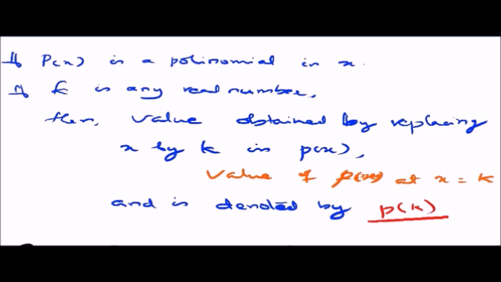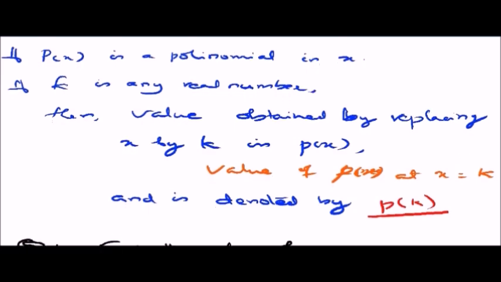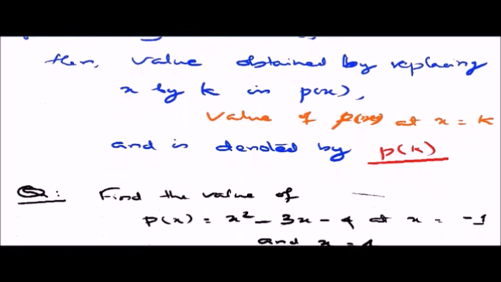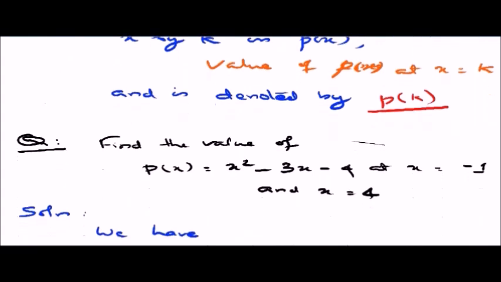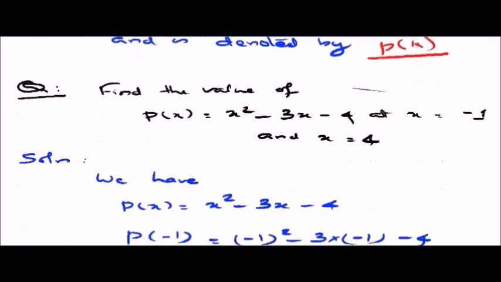Generally, if p of x is a polynomial in x and k is any real number, then the value obtained by replacing x by k in p of x is the value of p of x at x equal to k, and is denoted by p of k.